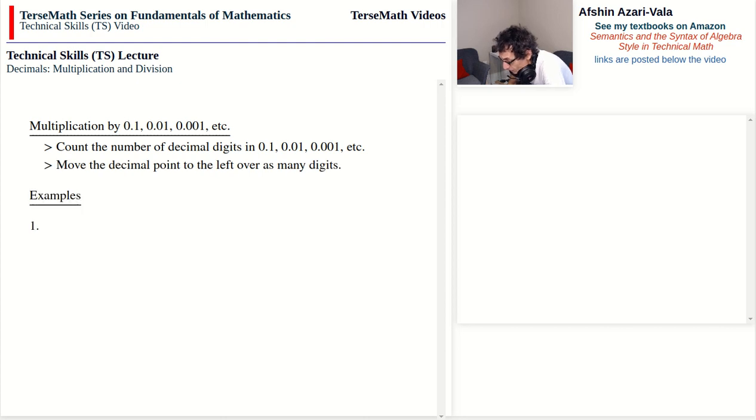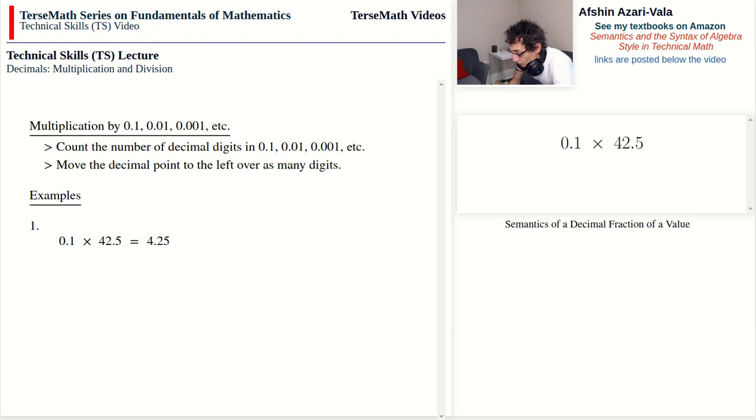So as an example of that, 0.1 times 42.5, there is 1 decimal digit in 0.1. We move the decimal point back over 1 digit, and we get 4.25. To explain why it is that the decimal point moves back over 1 digit, I'm going to rely for now on the semantics of what it means when we multiply a decimal number such as 0.1, 0.01, 0.001 by another.